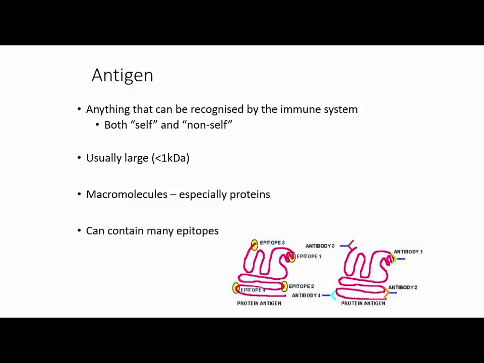They're usually large and they're usually proteins. And the other concept I need you to grasp is that, okay, we have antigens, but the specific part of the protein or molecule that is recognized by the immune system is called the epitope. So the epitope is the part of the antigen that's recognized. So for instance, here you can see that this is an antigen, and it contains 4 different epitopes.